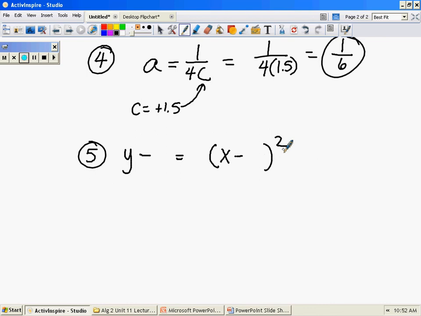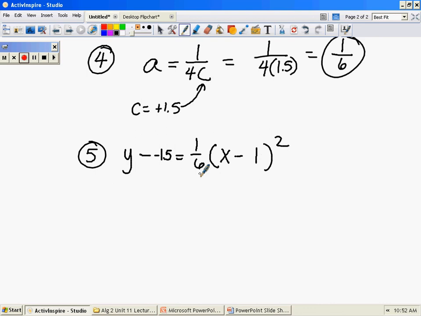So, h and k is your vertex. k is the y value of your vertex. What was the y value of my vertex? It was -1.5. If you don't remember that, look at step 3. And what was the x value of my vertex? That's my h, it's 1. And what was a? That was step 4. We got 1/6.